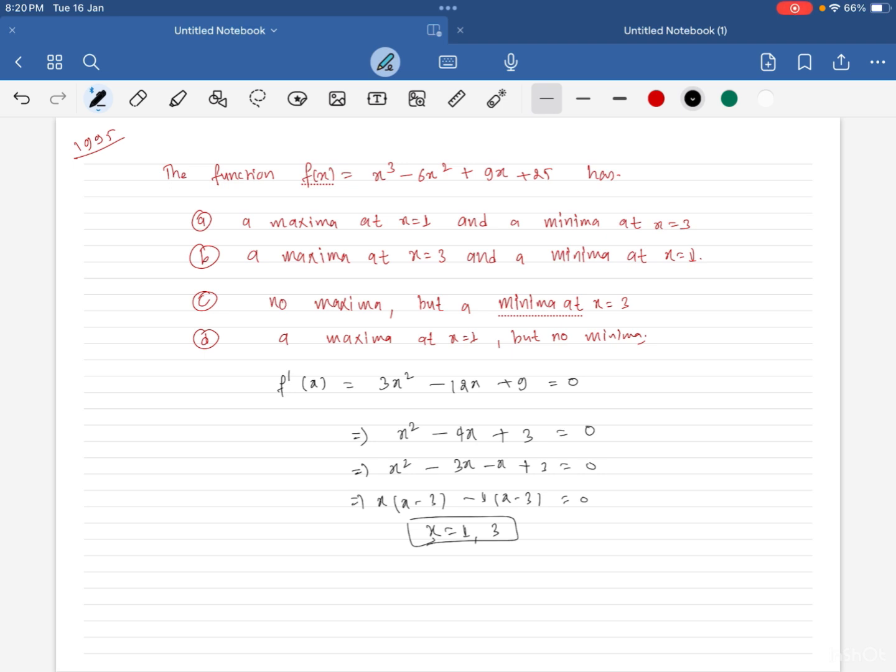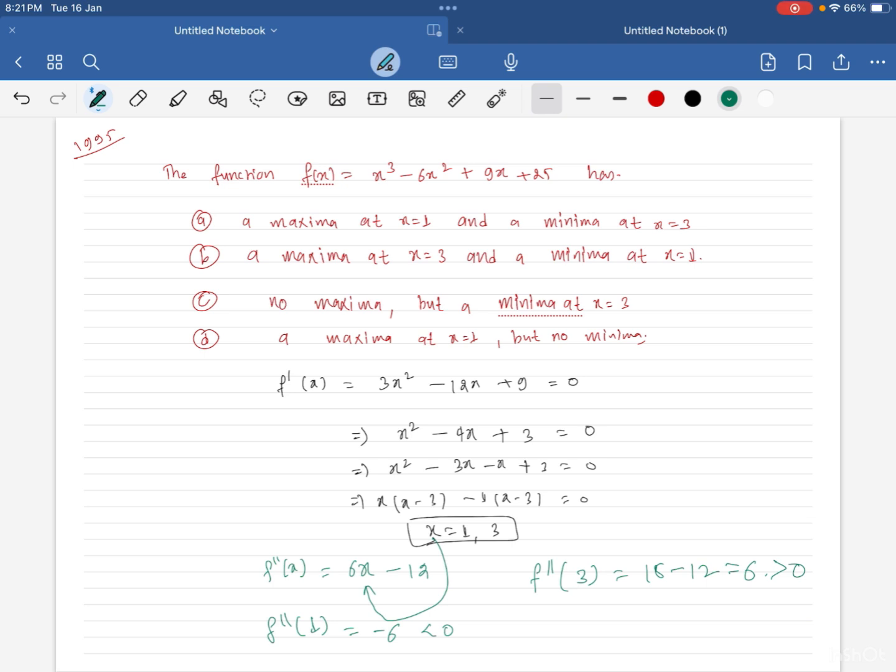Now we can check the double derivative, right? So the double derivative of this function would be 6x minus 12. Now put the point 1 here, you will get f double dash 1 is equal to 6 minus 12, that is minus 6, that is less than 0, and f double dash 3 is equal to 18 minus 12, that is 6, so that is greater than 0.